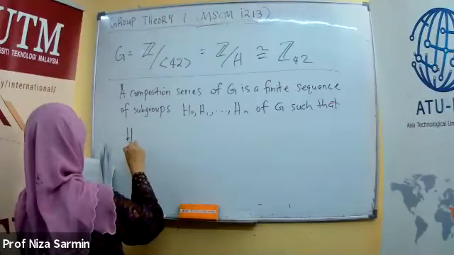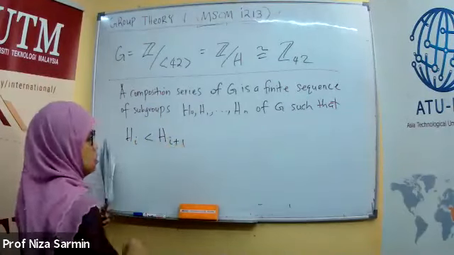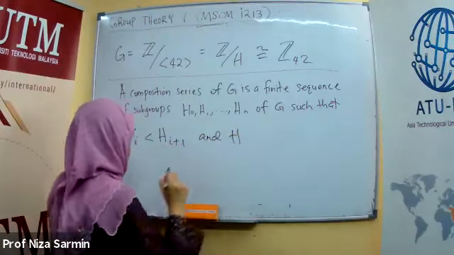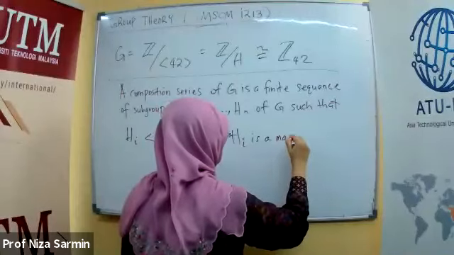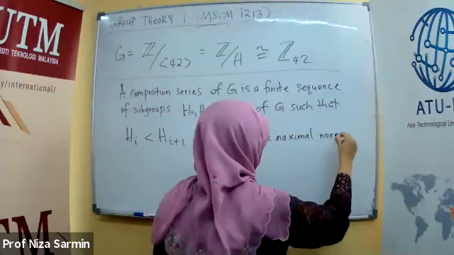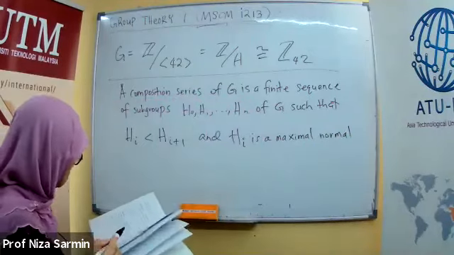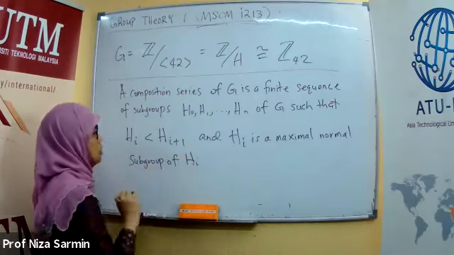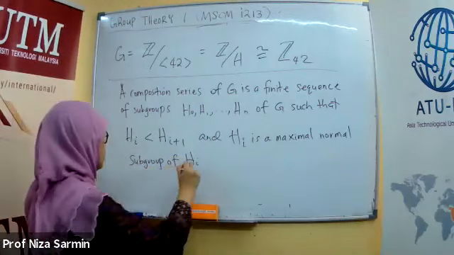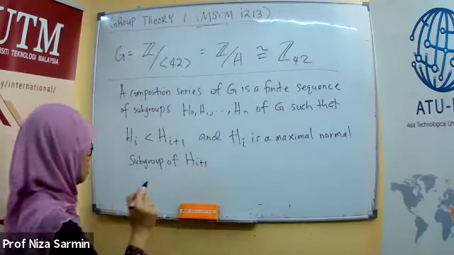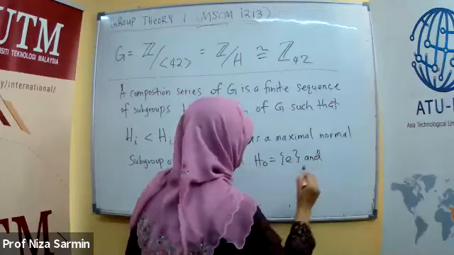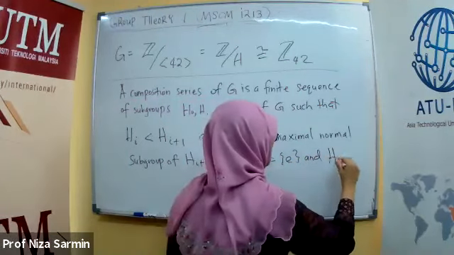Such that Hi is a subgroup of Hi plus 1 and Hi is a maximal normal subgroup of Hi plus 1, with H naught is E and Hn is G.